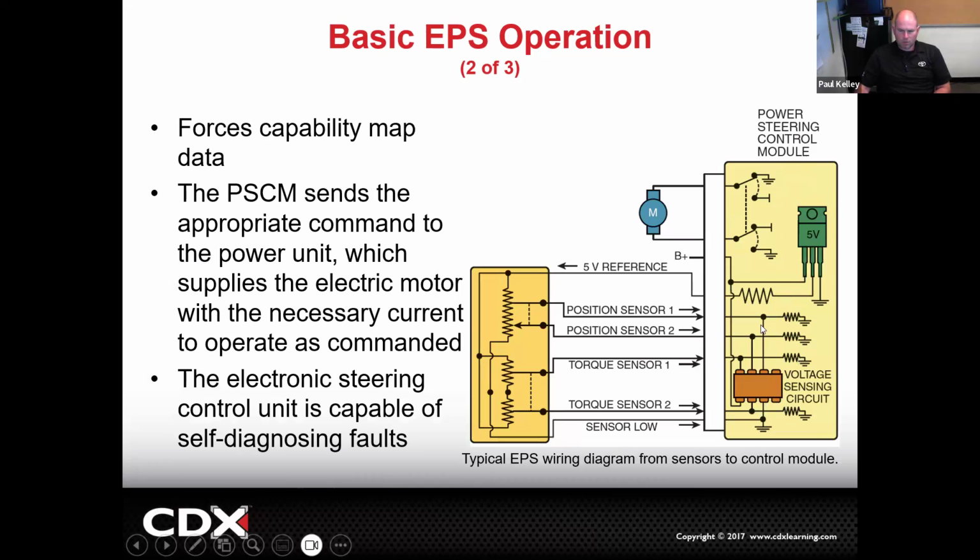So your power steering control module, like your brain, is looking at its senses: feel, touch, smell, hear, and vision, right? Well, those are the sensors. What it's sensing is position, where is the steering wheel, and torque, how much force is the customer putting on it?